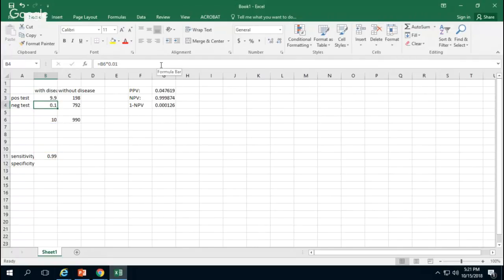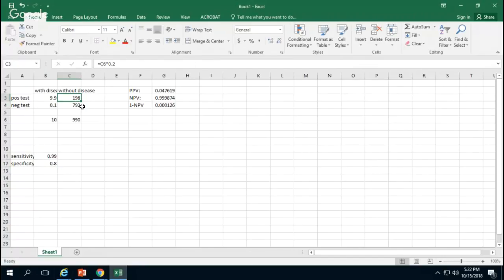And the second one, the negative test. Oh, sorry, I need to do that here too. Times 1 minus B11. Okay, and then the specificity is 80%, 0.8.